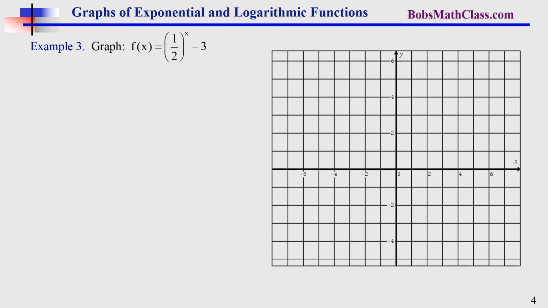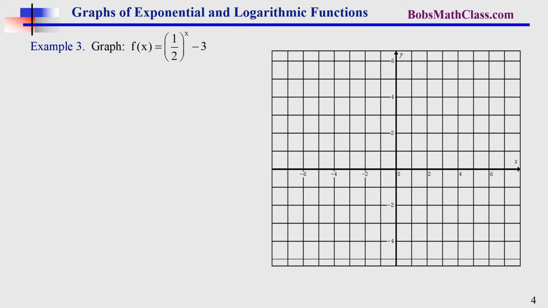All right, this one looks good, right? f of x equals 1/2 to the power x minus 3. This one, let's see, where is the horizontal asymptote? There is a number after the b to the x part, and that is -3.